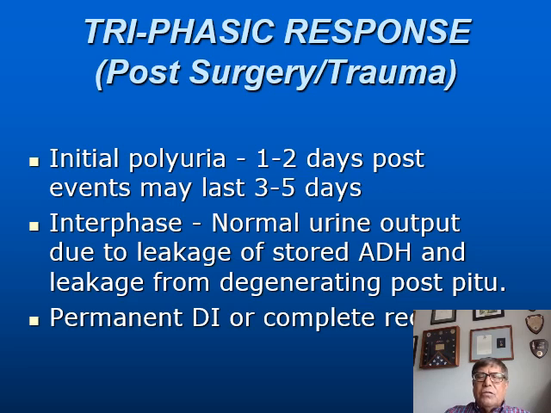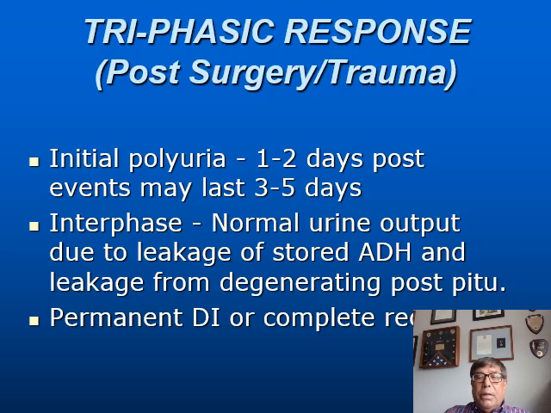However, the interphase is the confusing phase. You may have a normal urine output and abating of the symptoms of DI after those 5 days, and it looks like nothing has happened.